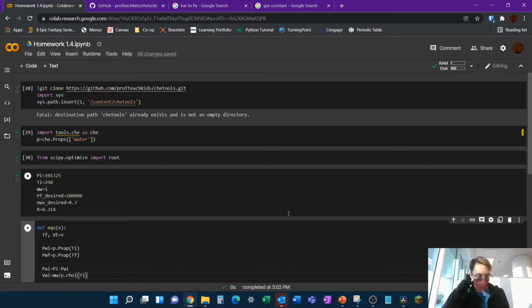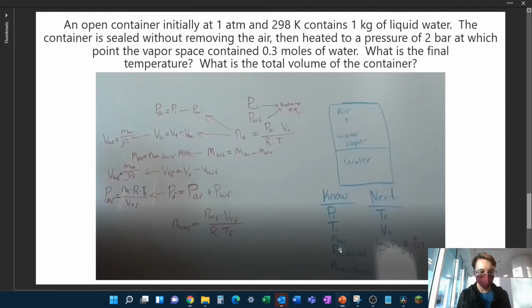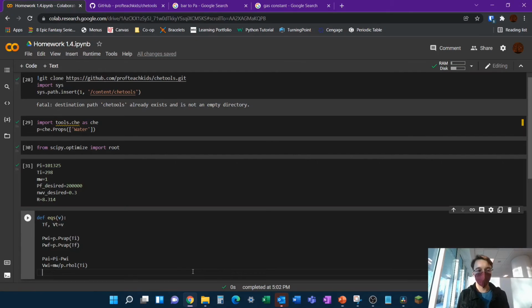That will just give us the density at the initial temperature. Next, the volume of the vapor initial is equal to the total volume minus the volume of the water initial. So volume of vapor initial is equal to the volume total minus the volume of water initial.